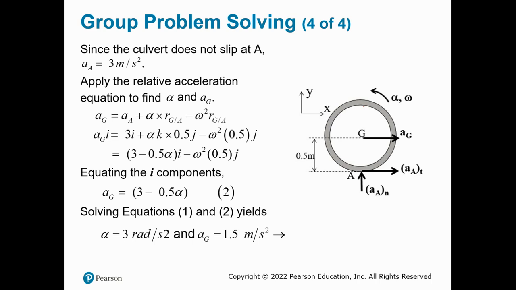For a_G, we have a_A plus alpha cross r_G/A minus omega squared r_G/A. It looks like one equation, but we can separate the i component and the j component, and then we get another relationship between a_G and alpha. We have two equations and two unknowns, solving for alpha and a_G.